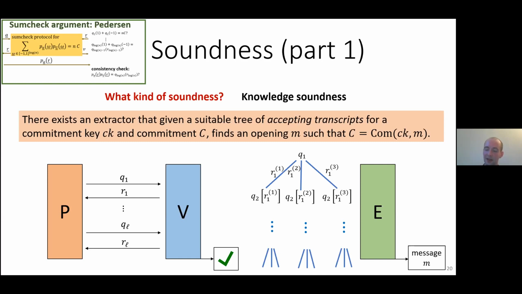And then at each of the leaves, we have a second prover message. For each of those, we've got 3 possible continuations with 3 different verifier challenges and so on and so forth. And so given this information as input, the knowledge extractor is going to compute an opening message M.